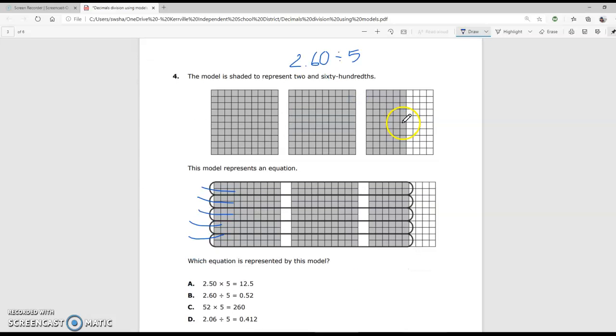Okay, so it's not multiplication, and it's not that number. It's easy, here's the only choice. But let's count what's the quotient.